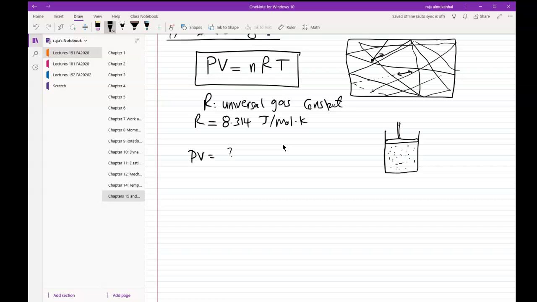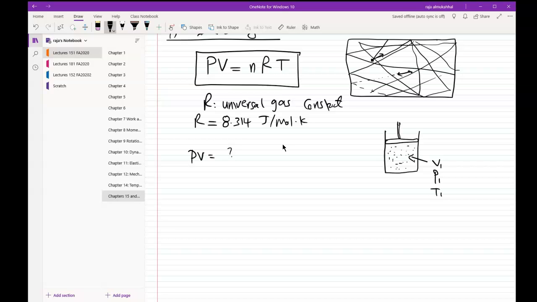Okay, and let's assume that I measure the volume of the container or the piston here, and let's assume it is some initial value V1, and I measure the pressure to be P1 at some temperature T1. We call that PVT.